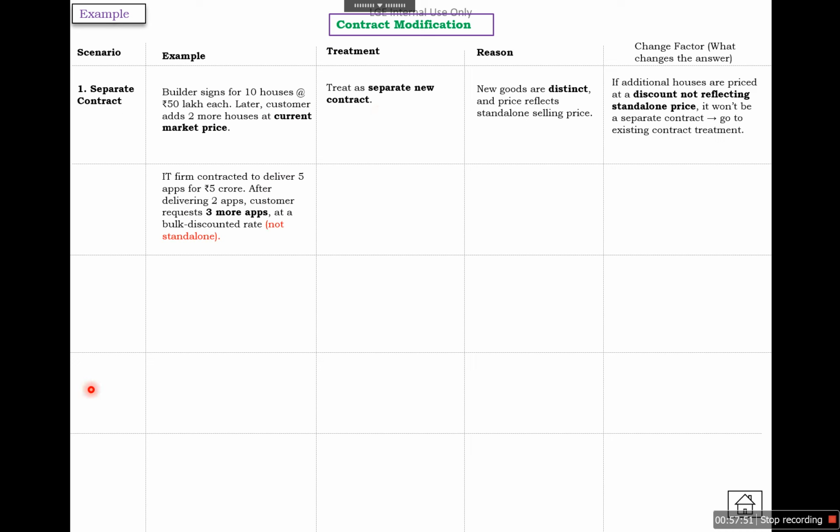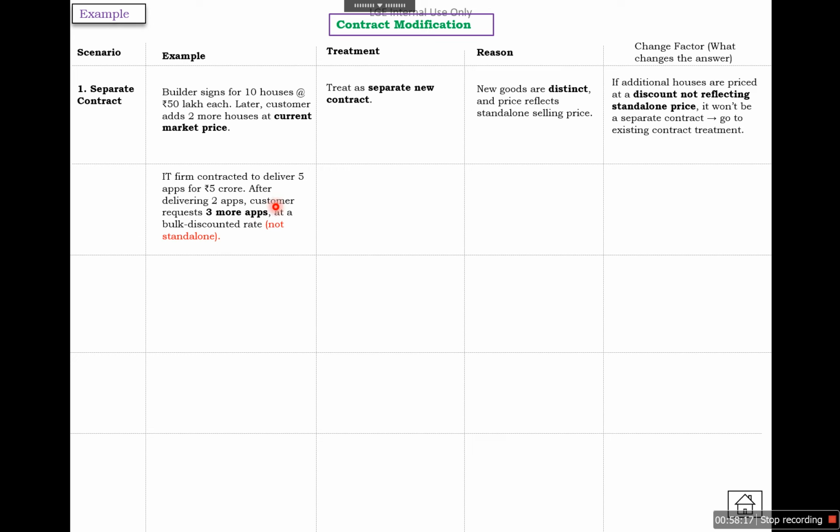Next, if we look at this, an IT firm contracted to deliver 5 apps for 5 crore. After delivering 2 apps, the customer requests 3 more apps at a bulk discounted rate. So, in the earlier example, there was a standalone price.